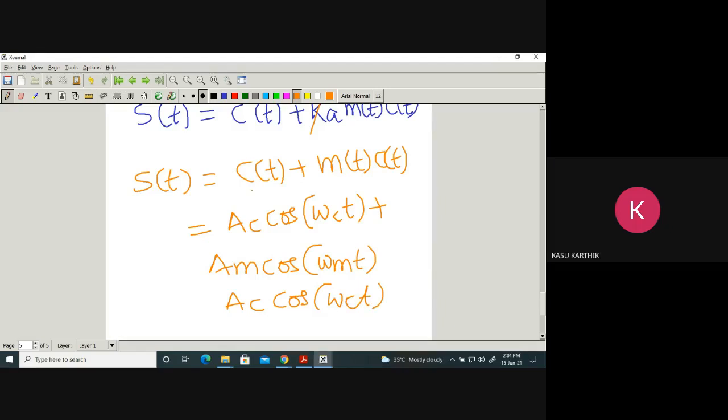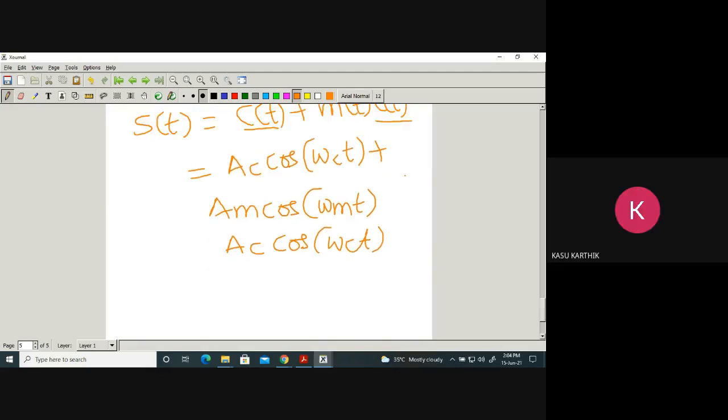Now what is common here? Ac cos omega ct, that is c of t.